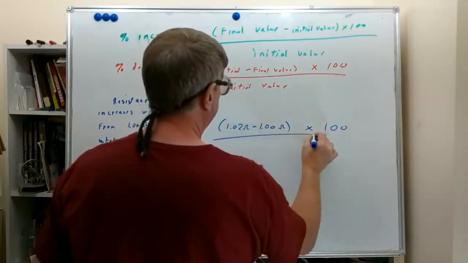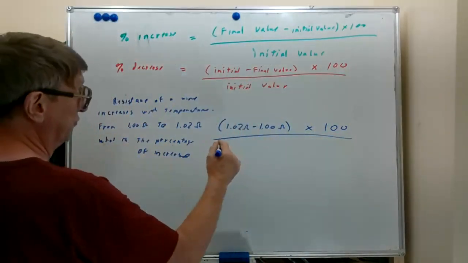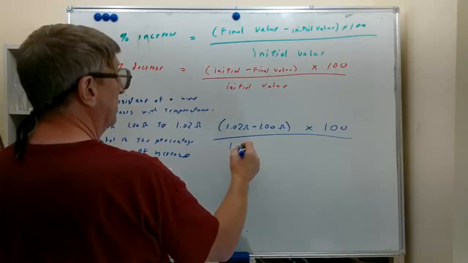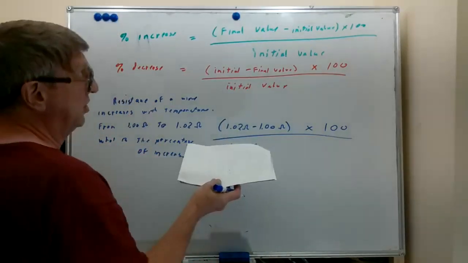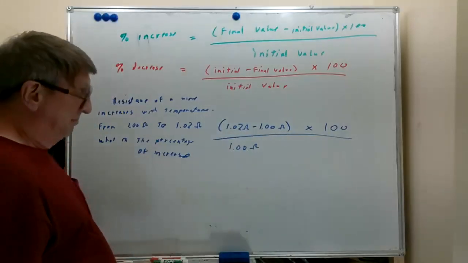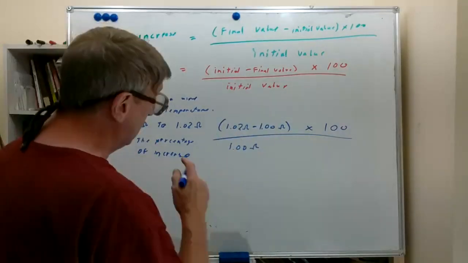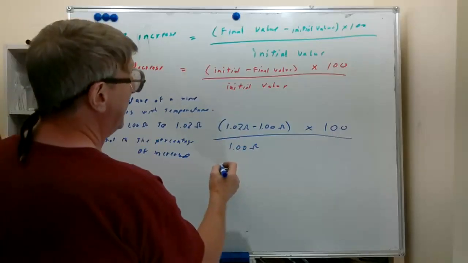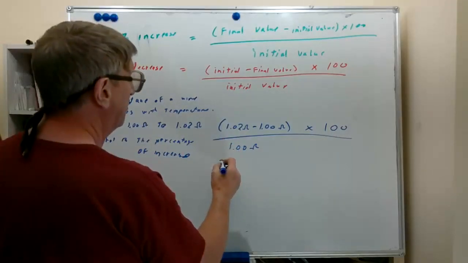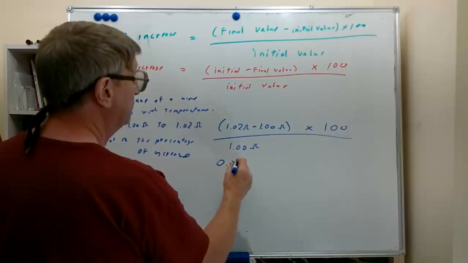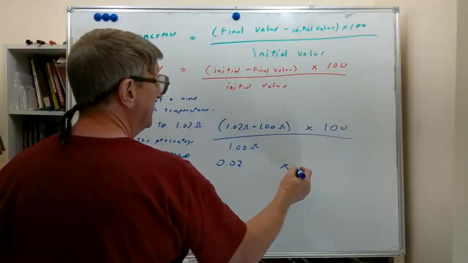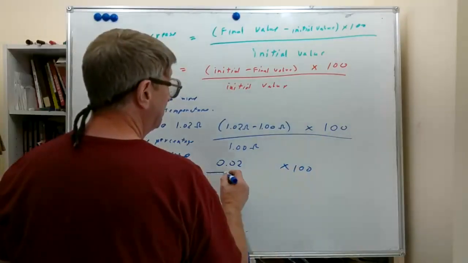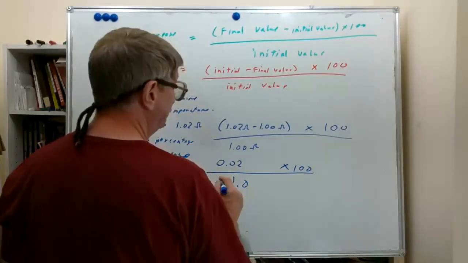And we want to divide that by our initial value, which was 1.00 ohms. So we want to find our percentage increase. 1.02 minus 1.0 leaves us with an increase of 0.02. Multiply that times 100. Put that over 1.0.